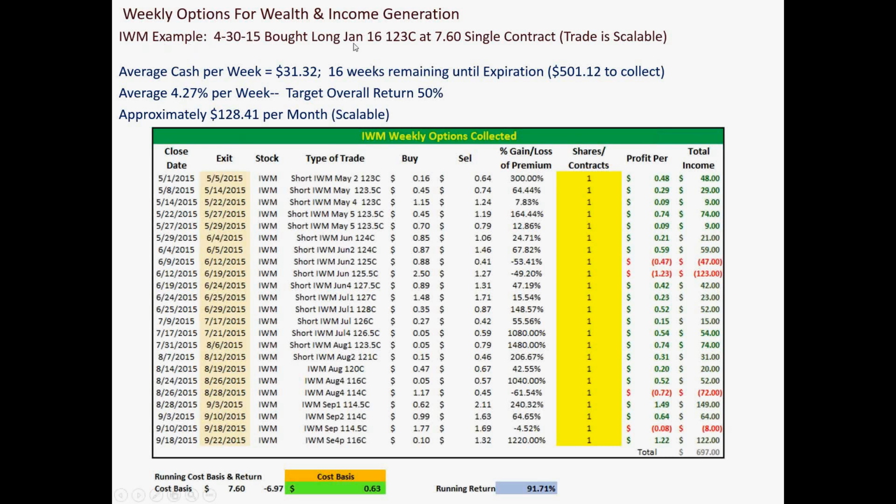I bought the January 2016 IWM, that's the non-leveraged ETF for the Russell, the positive one. I bought that back at approximately, when did I buy that? I want to say, oh, 430. There it is right there. And this is what I've been doing with it. I've just been selling calls against it.